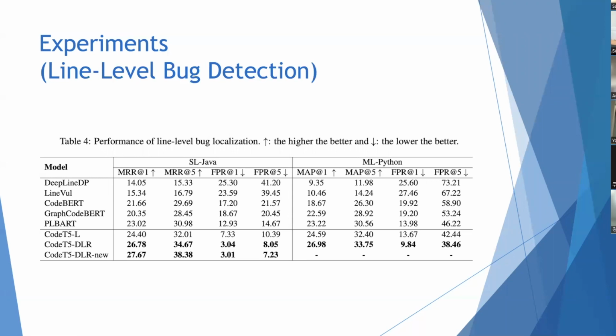And LineVul is based on a vanilla transformer, where scores are calculated by averaging the token scores. Here also you can see that the CodeT5 DLR was able to outperform the existing baselines.